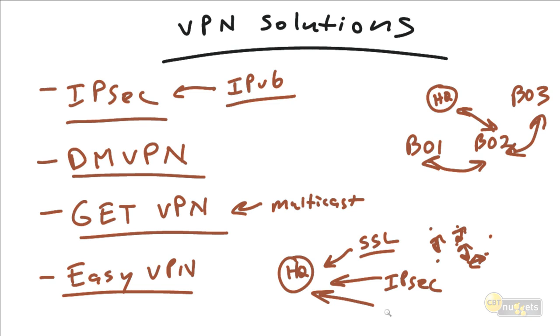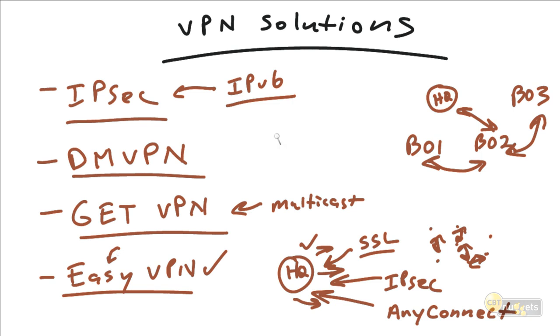You might have someone coming in with a software client like the AnyConnect client from Cisco Systems. And the headquarters router dynamically accommodates all these VPN requests and can even enforce policies like time of day restrictions and things like that, thanks to this EasyVPN configuration. EasyVPN is the most ironic term in all of Cisco networking because this is actually pretty darn difficult for us to set up. Easy is for the end user, easy is not for us as an administrator.